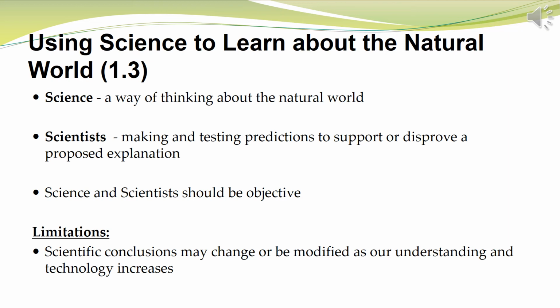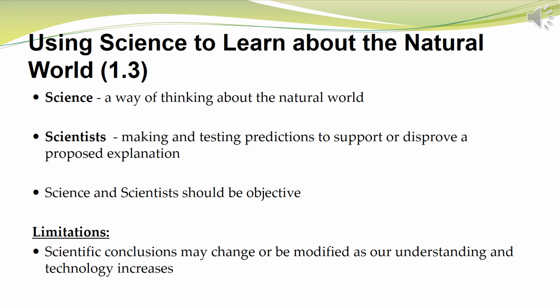Moving on to section 3 of chapter 1, using science to learn about the natural world. Here we're going to define science as a way of thinking about the natural world. A scientist is then a person who makes and tests predictions or hypotheses to support or disprove a proposed explanation.